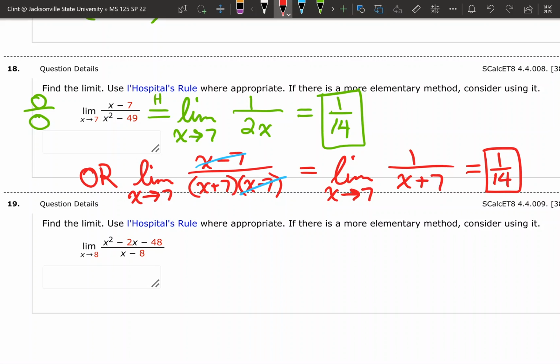Either one of those would be appropriate on that problem. I think L'Hôpital's rule is probably a little bit quicker on that one. But if you didn't actually write out where you were canceling, if you just saw how it would factor and wrote this down as the next thing, then it would be about the same.